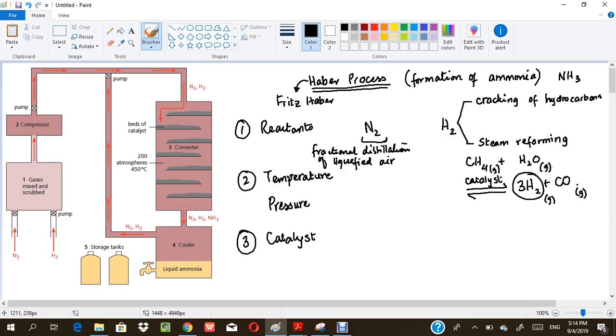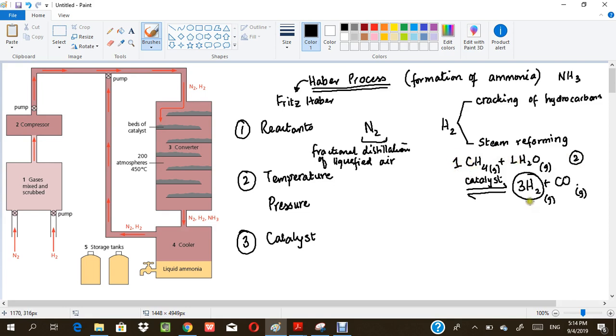Now since this is a reversible reaction, and since it has gases on all sides, what will happen if I increase the pressure of the system? The answer is that increase in pressure favors the side of the decreased number of molecules. So we can see that on the reactant side, we have two molecules. Why? Because there's just one molecule of methane and one molecule of water.